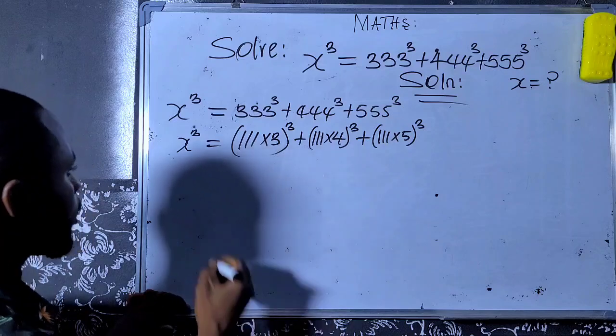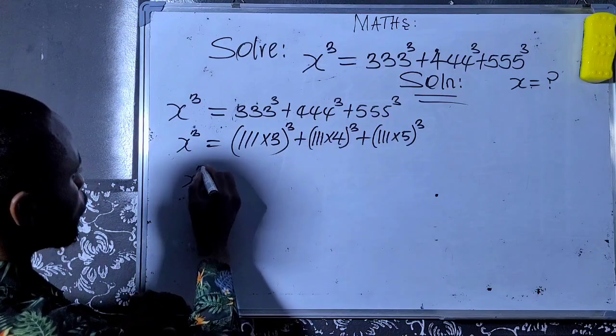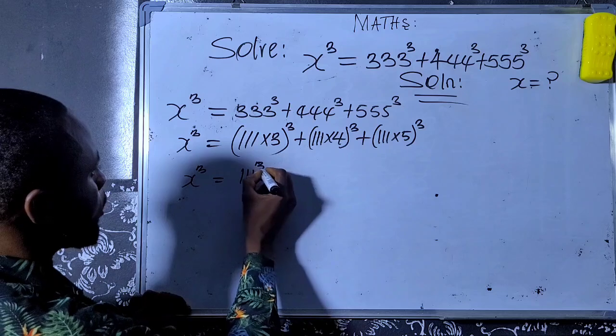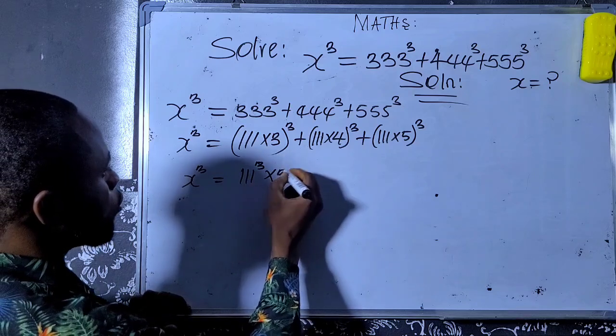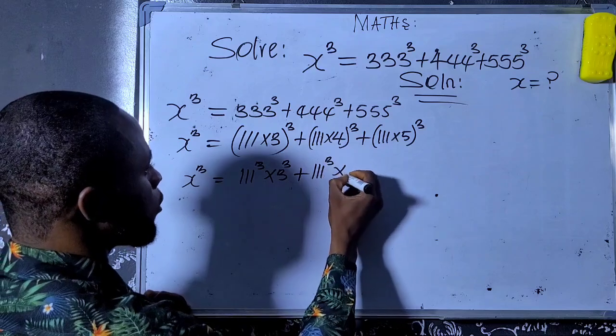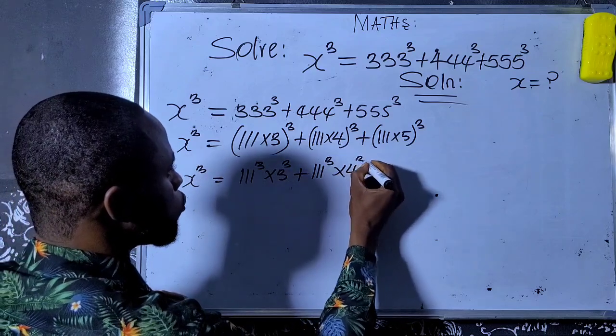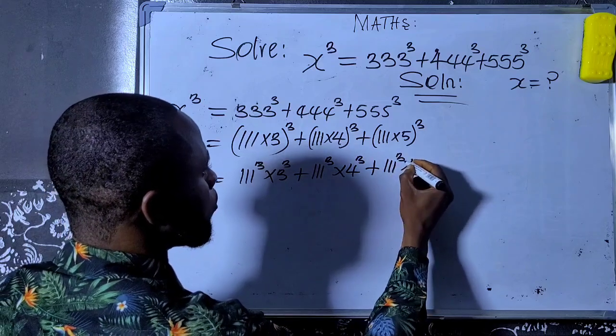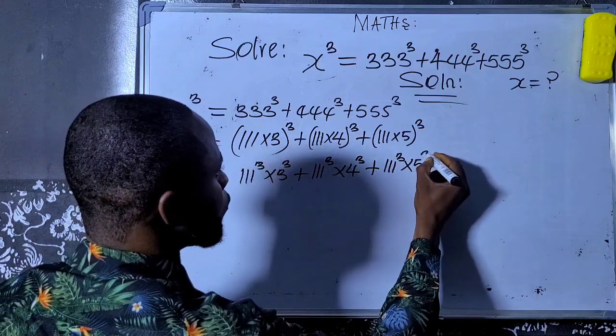This can also be expressed as x to the power of 3 equals 111 to the power of 3 multiplied by 3 to the power of 3 plus 111 to the power of 3 multiplied by 4 to the power of 3 plus 111 to the power of 3 multiplied by 5 to the power of 3.